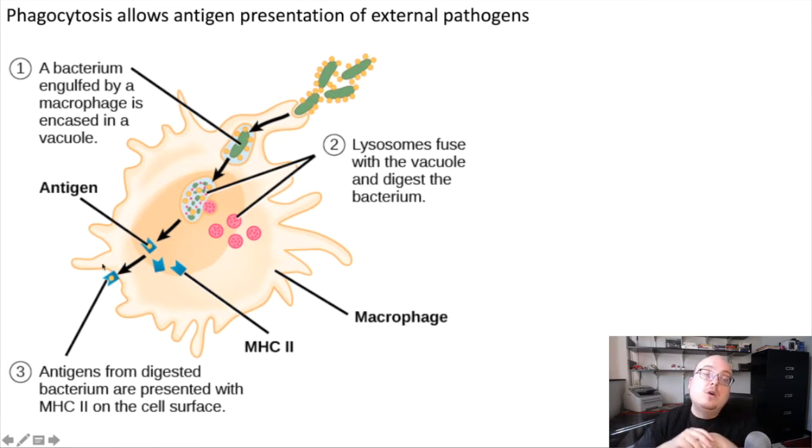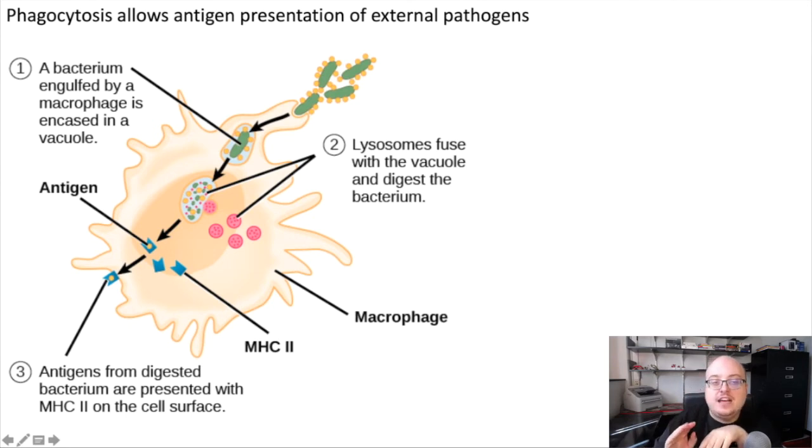So if you recall our discussion of antigen presentation, we need pretty small peptide fragments to use as antigens to present via MHC class II, very short amino acid sequences. And so the phagolysosome, of course, is full of degradatory enzymes which are going to break down the proteins associated with pathogens into small fragments.